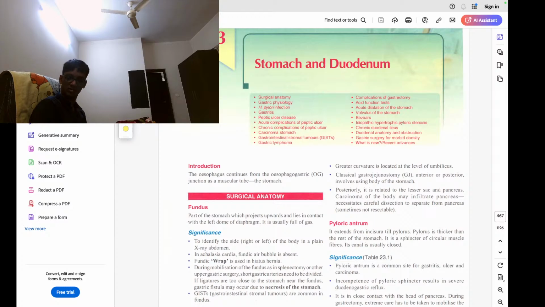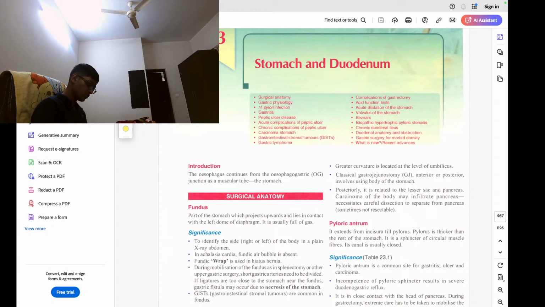Trichobezoar, stomach. I don't know what this trichobezoar is. Okay. Volvulus stomach. Linitis plastica.